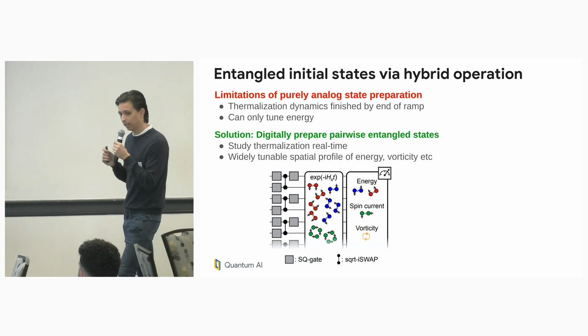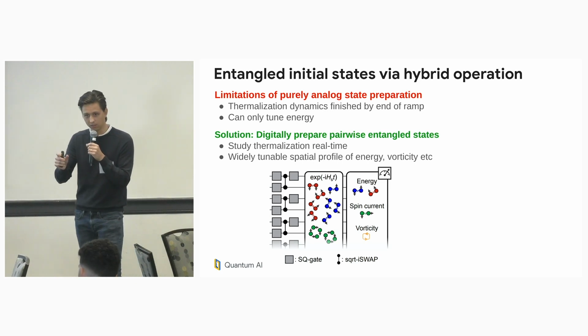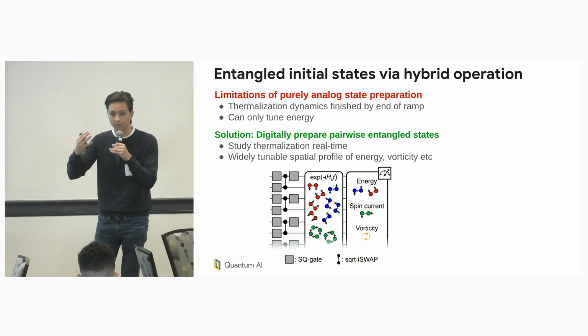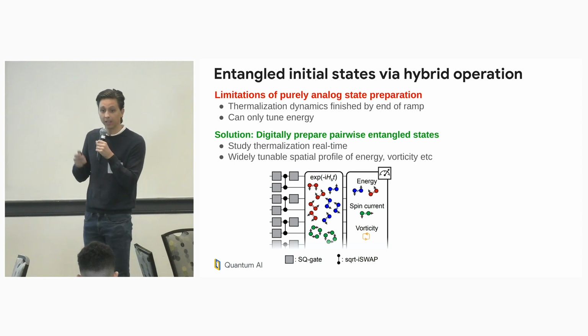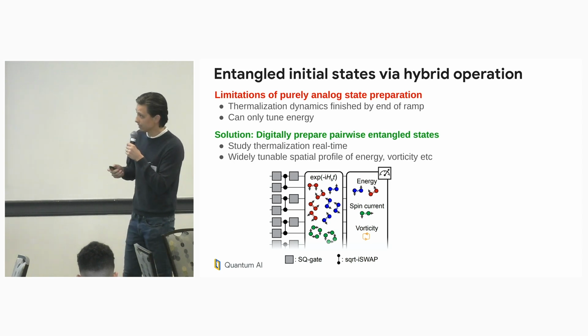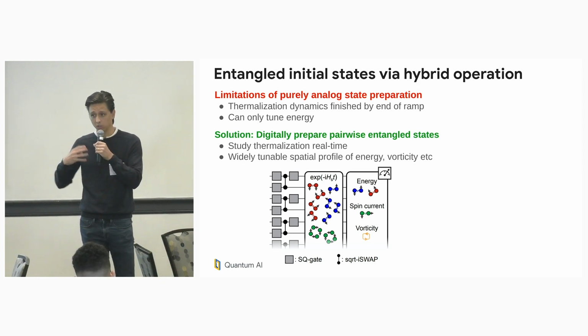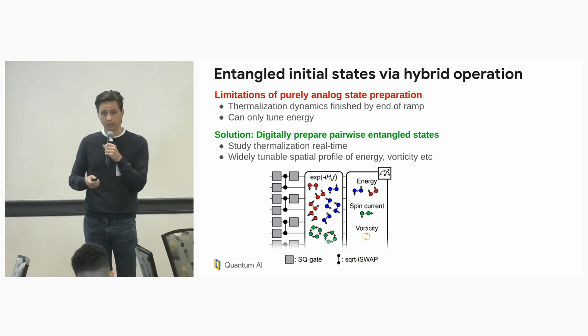What's really nice about that is that it allows us to inject correlations, or energy if you want, from the very beginning, so that I don't need to ramp for a very long time. I can just turn on my analog evolution, and I can now really watch the thermalization dynamics in real time, finally. In addition to that, as you'll see, this will also allow us to tune not just the energy, but also other observables, such as vorticity, and it's going to allow us to tune the spatial distribution of it.